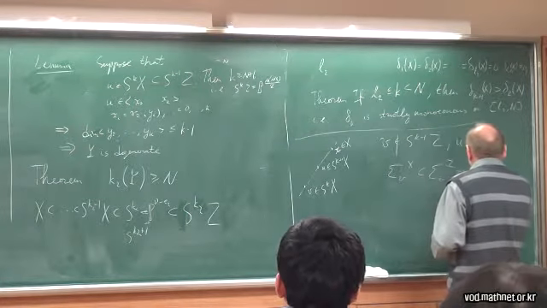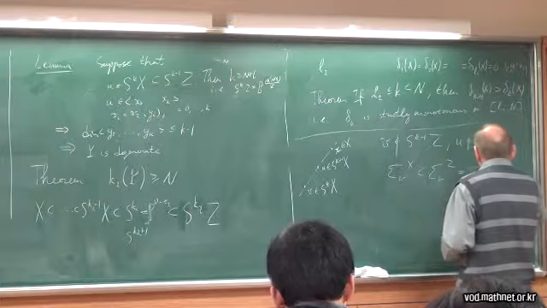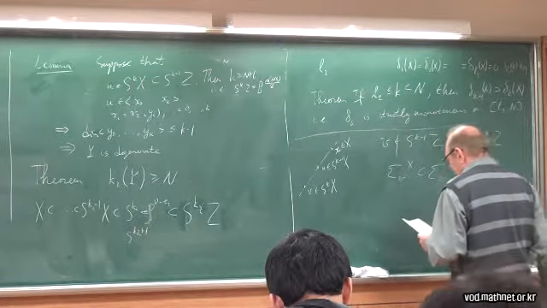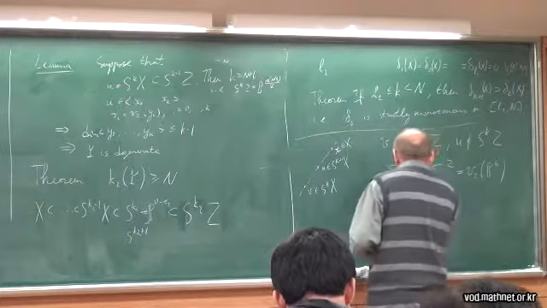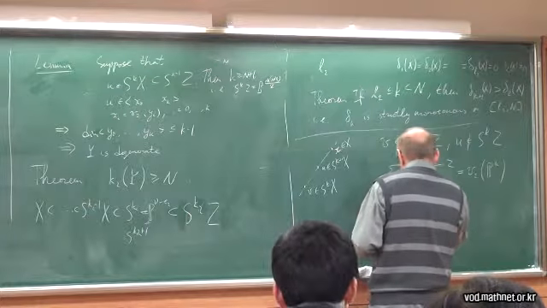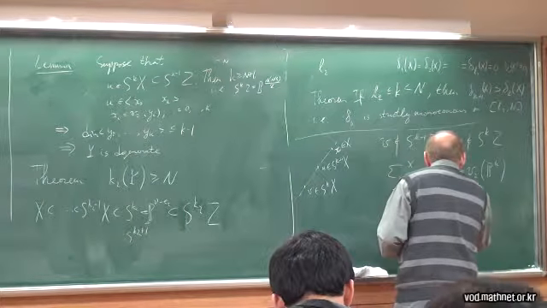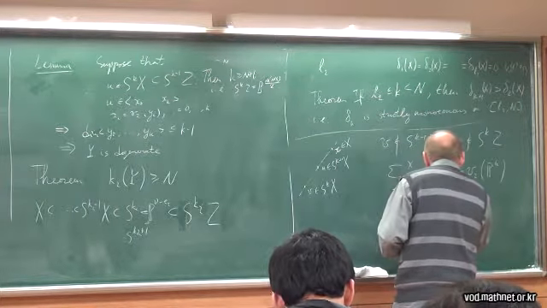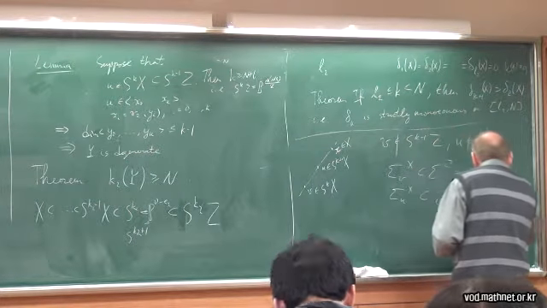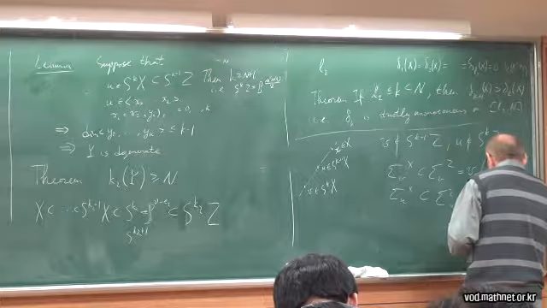And this is V2 of Pk. We already saw this. And similarly, we can write for sigma U, and this is V2 of Pk plus 1.